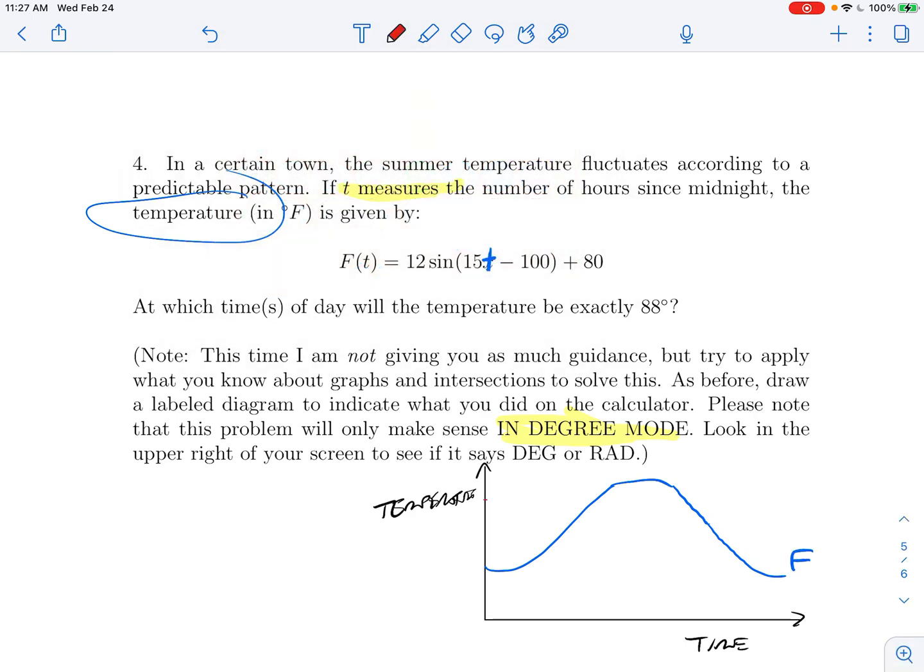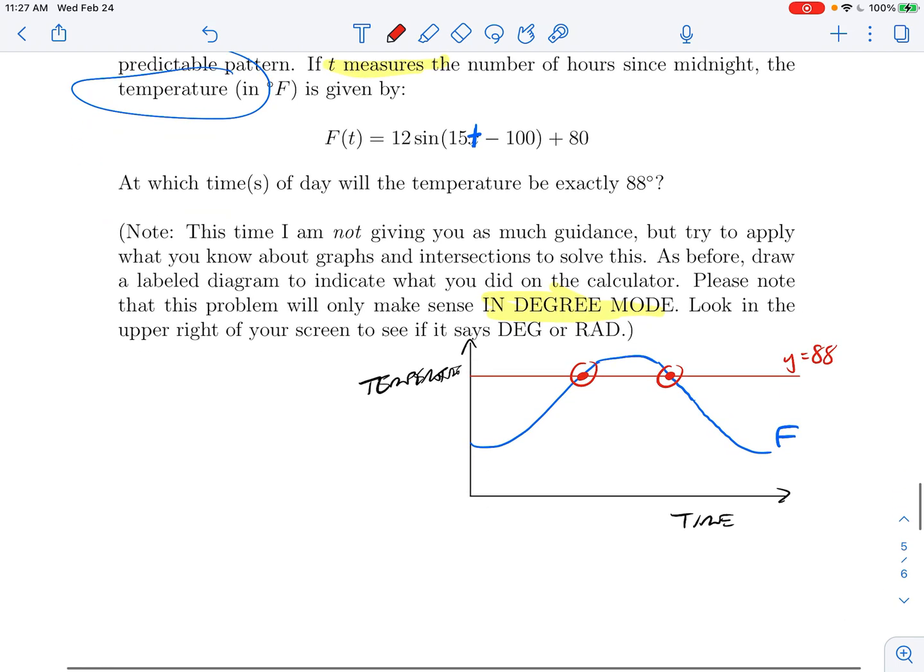And then we just drew in a horizontal line at a height of 88. This is basically y equals 88. And we can see there are two intersections. Those would correspond to places on the graph where height, which is temperature, is 88. So there are two occasions over the course of the day where the temperature is 88.